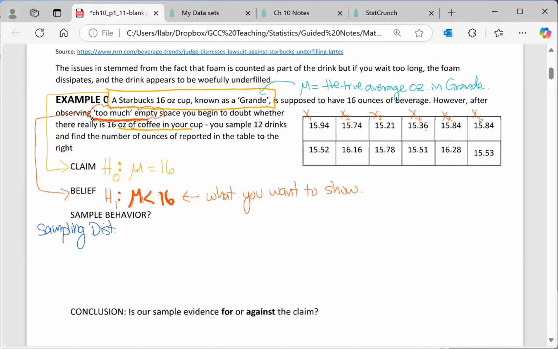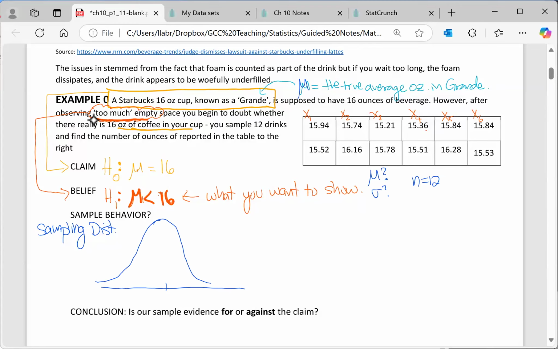And we're basically going to say, when I take a sample of size 12 is too small. And this is regarding mu. Again, we don't know what mu is. So mu is unknown. And so is sigma, the population standard deviation. So therefore, when I take samples, I know that the sample statistic from chapter 8 has a very predictable behavior.